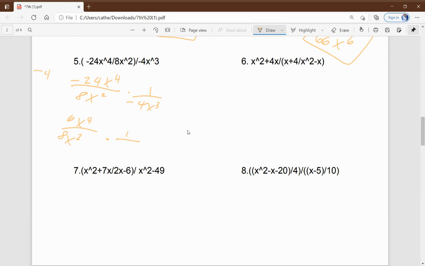This would be entirely cancelled out, and this would just be left as x. You can simplify this further by dividing by 2 first of all. So 3 over 4x, because you cancel out the x on top. So you just get 3 over 4x.